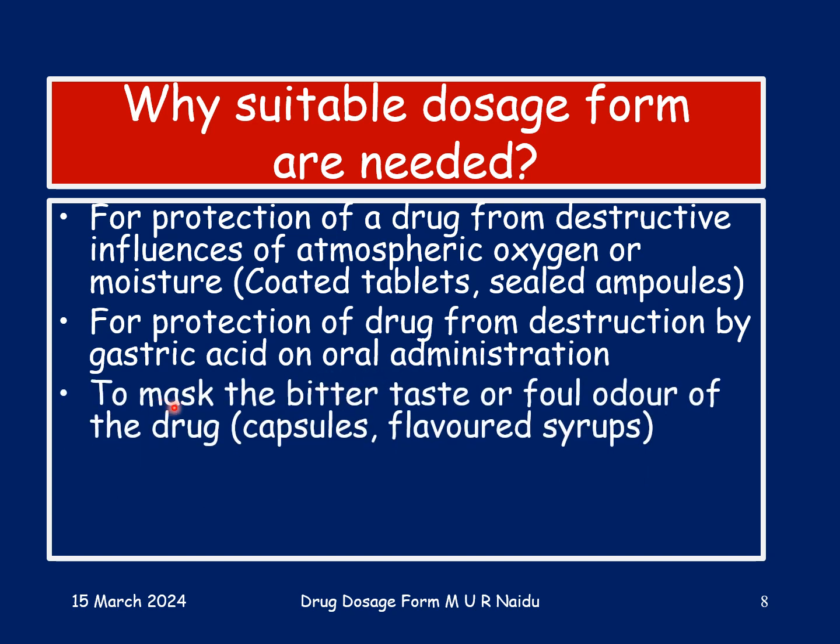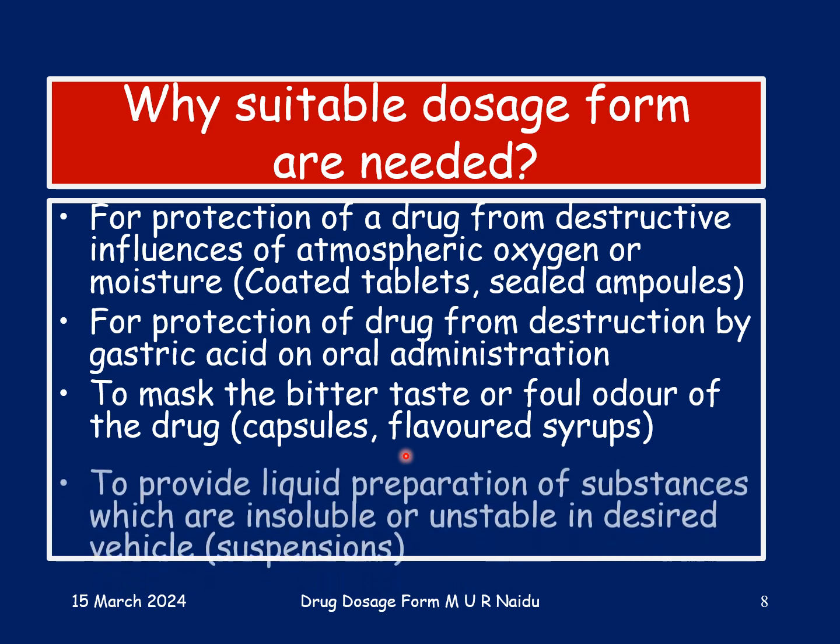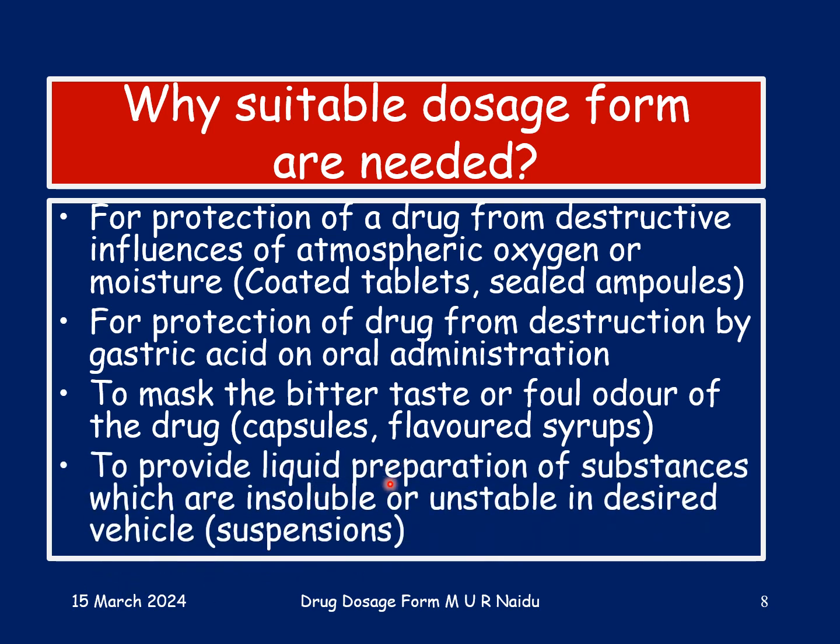Most of the time we mask the bitter taste or foul odor of a drug by making it a capsule or flavored syrup. To provide a liquid preparation of substances which are insoluble or unstable in the desired vehicle, a suspension. So these are some of the reasons why suitable dosage forms are needed.